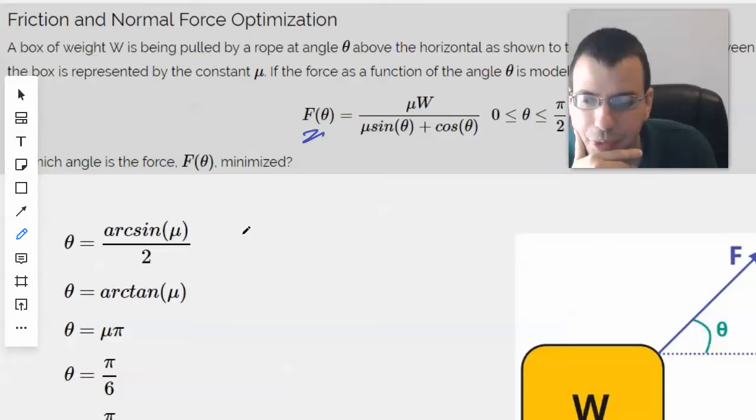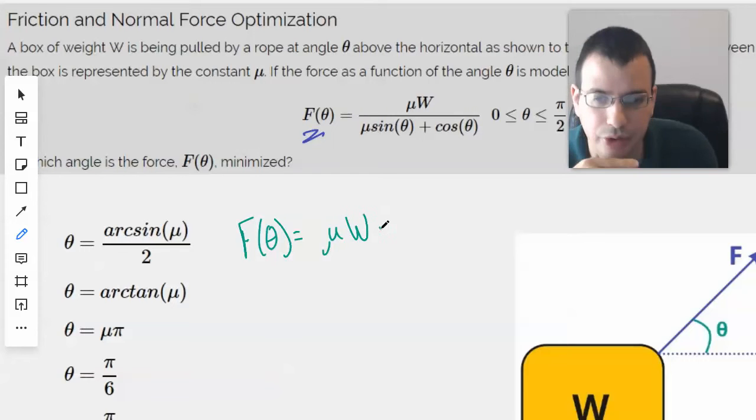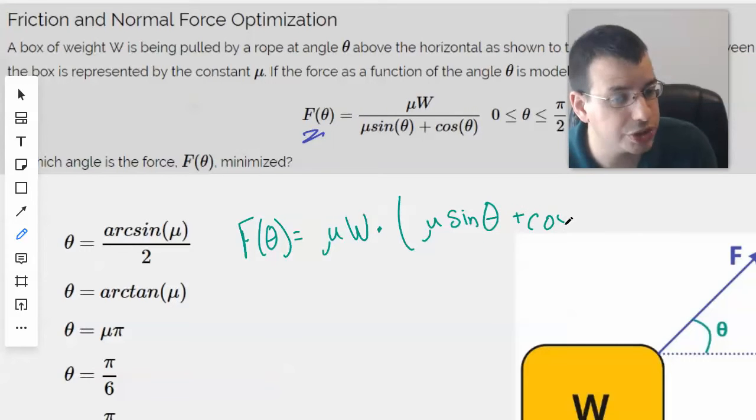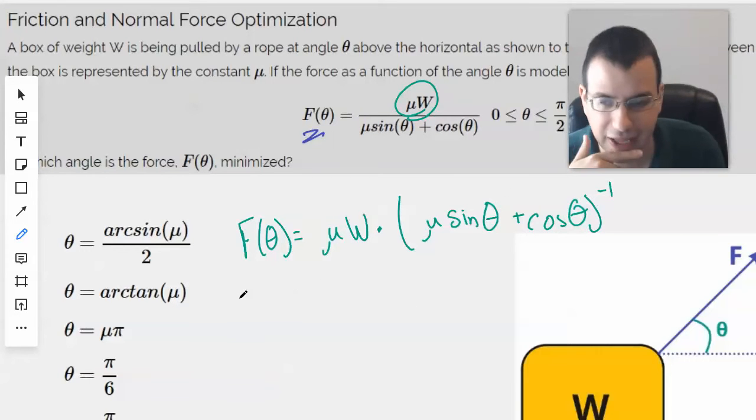So we have F of theta equals mu times W times mu sine of theta plus cosine of theta to the negative 1. So this is a constant, and the only thing that will change will be theta.